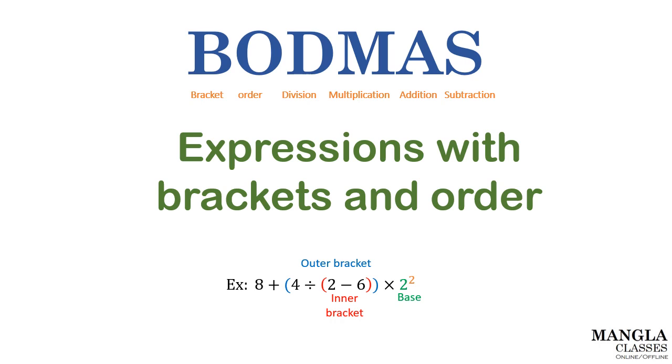So the green 2 here represents the base and the brown 2 here represents the order, the index, the power or the exponent of the base. So it can be read as 2 raised to power 2. Okay.